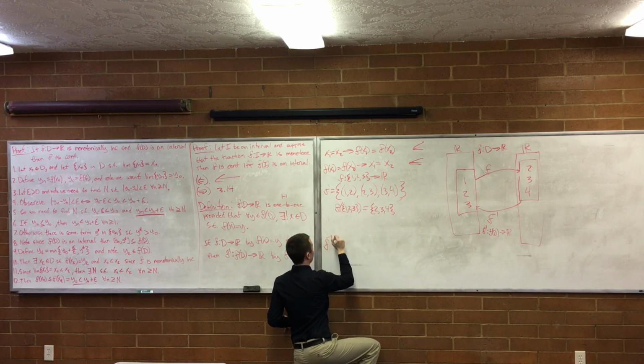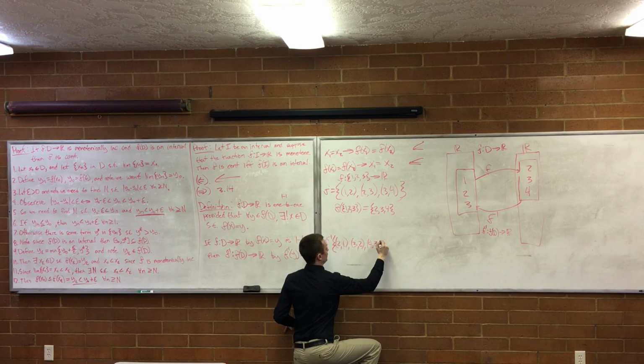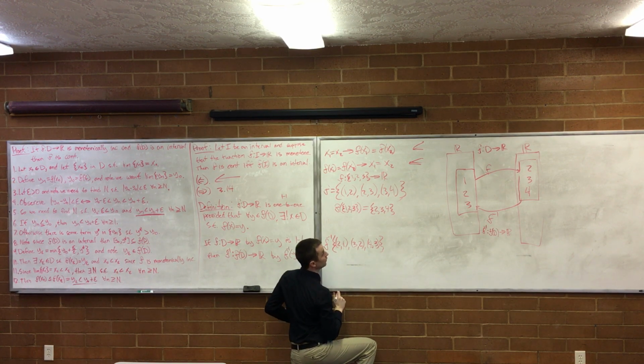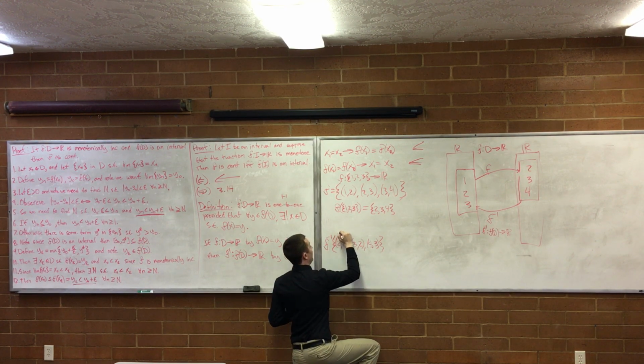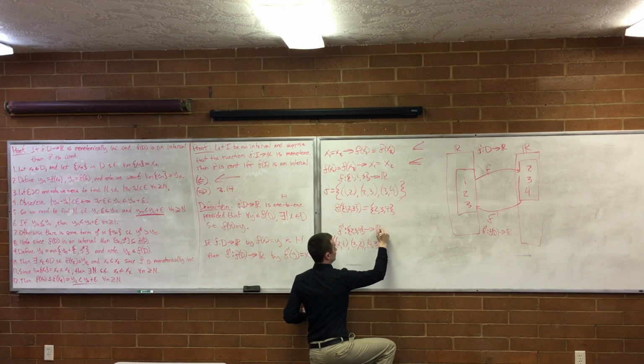F inverse is 2 to 1, 3 to 2, 4 to 3. Well, why'd you put that bigger box for the real numbers? Oh, because now we're mapping it to the real numbers. Okay. F inverse is a function from {2, 3, 4} to the real numbers.